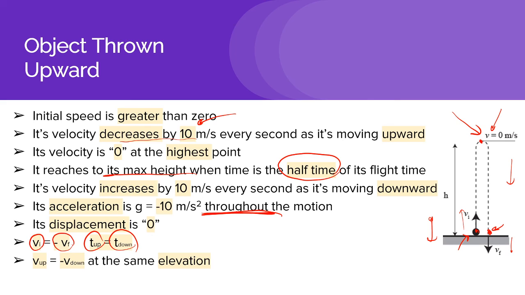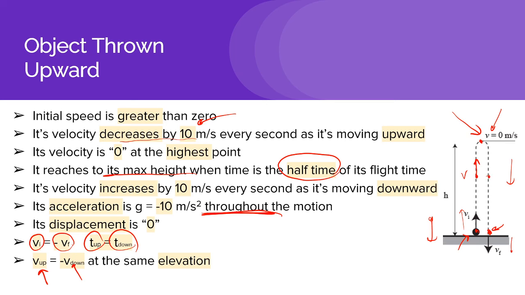So if you know how long it takes to reach the highest point, then you will be able to figure out the total time by just multiplying by 2. And another thing, v up is equal to negative v down at the same elevation. So let's say you are looking at this point, and you have some v at this point.